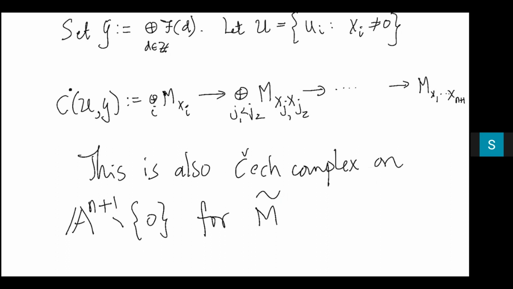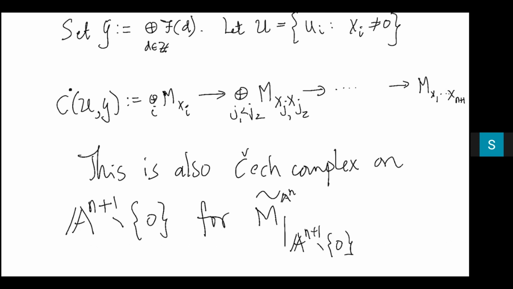Here this tilde is with respect to A^n. So the tilde symbol was being abused. We could use it for affine schemes as well as for projective schemes, for graded modules as well as for modules over a ring. So this is M tilde with respect to A^n.